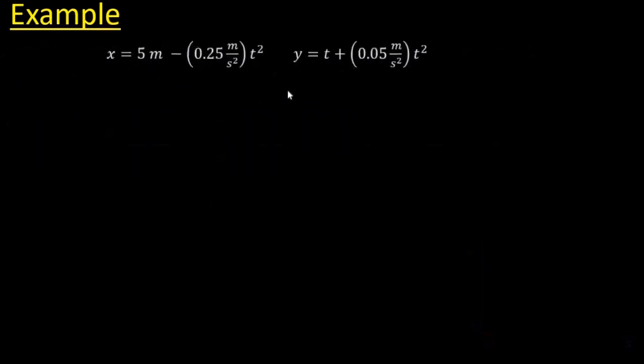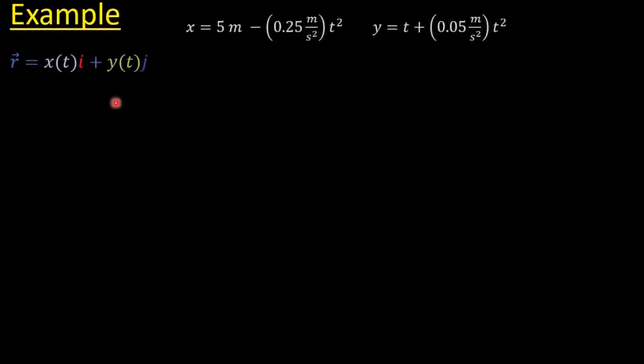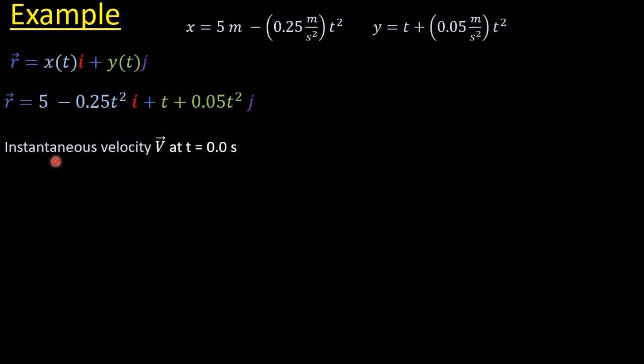So let's take these two functions there. Here's our general expression for r, where x and y are varying with time. So we have x of t in the i direction and y of t in the j direction. Here's x of t and here's y of t there. So substitute those in, and now we want to find the instantaneous velocity v at time t equals 0 seconds.